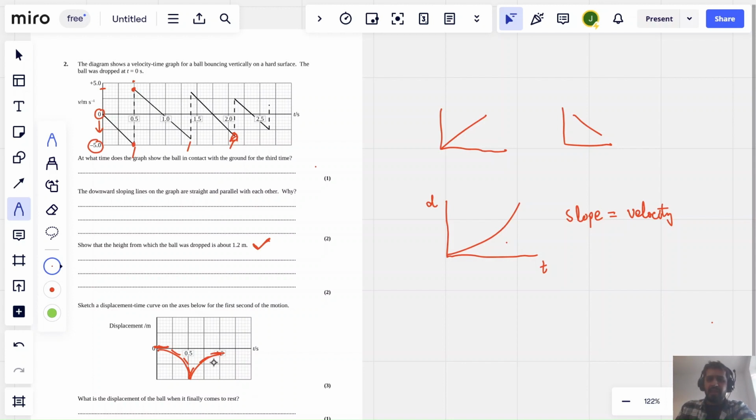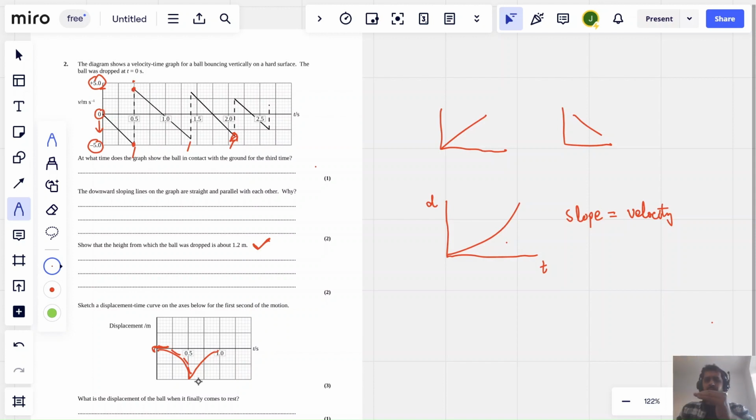And the reason I have made it not reach the same level from which it was dropped has to do with the fact that if you read this graph, when it bounced back, it didn't start from the same velocity of positive 5, right? So it started from a smaller velocity.